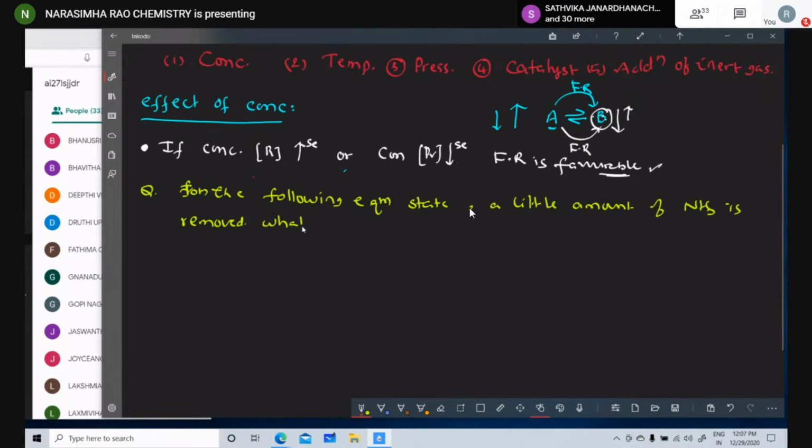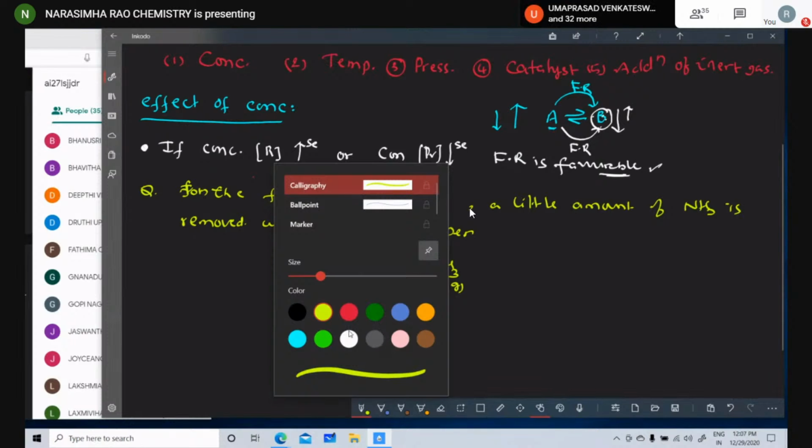What will happen? The equilibrium state is N2 plus 3H2 in equilibrium with 2NH3. This is gaseous. This is also gaseous. This is also gaseous. What will be happening, children? Tell me, what is your answer?